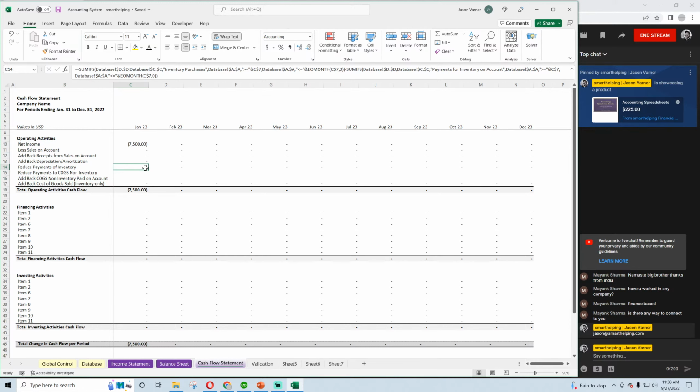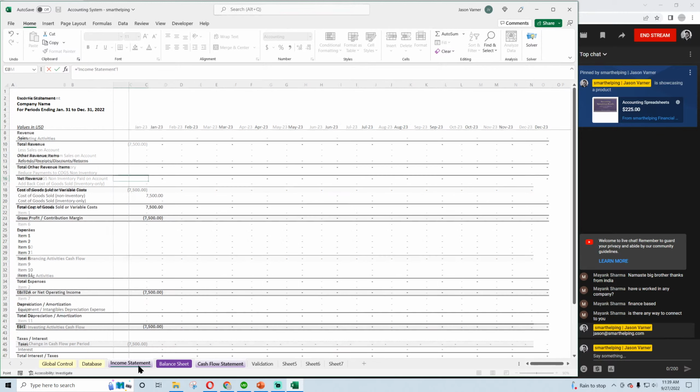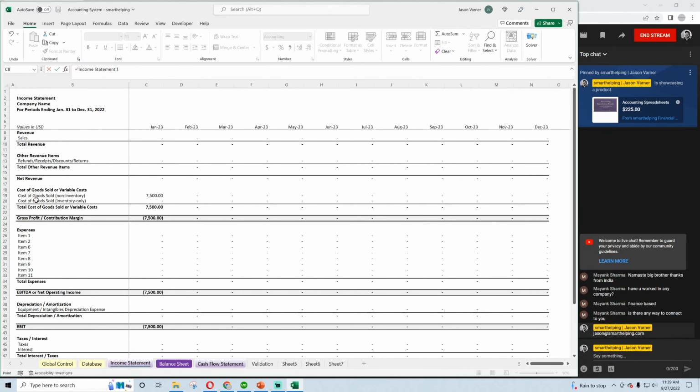Okay, because, and we can just enter. So these add back cost of goods sold non-inventory paid on account is just this.